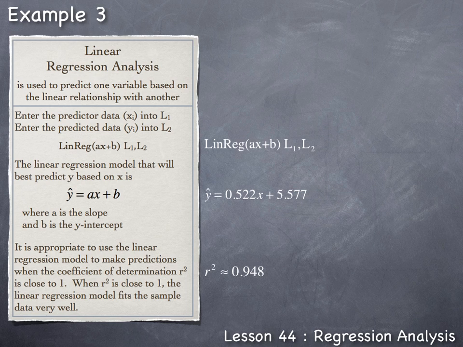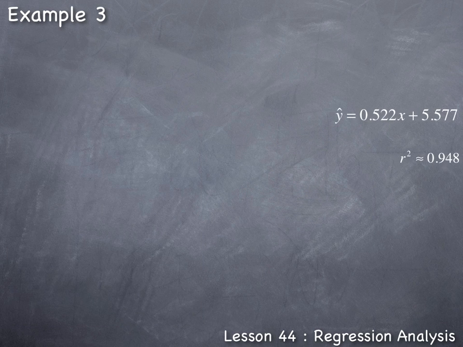R squared of 0.948 tells us that about 94.8% of the variation in the location of a person's belly button is explained or determined by the total height of the person. So, with these results, we can make the following statements.